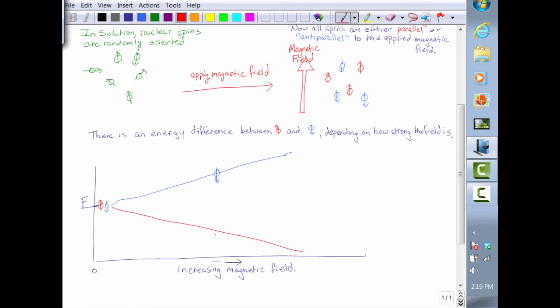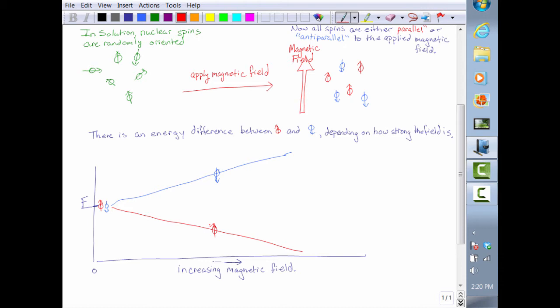Right? So I could draw the anti-parallel and parallel spins at any given point. And the more you increase that magnetic field strength, the larger the split is. And this is where NMR spectroscopy comes from.